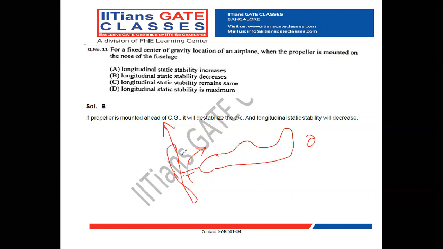A normal force is generated, which creates a clockwise moment. Since a positive moment is created due to that, it is producing a destabilizing effect. If it were producing a negative moment, then it would produce a stabilizing effect.